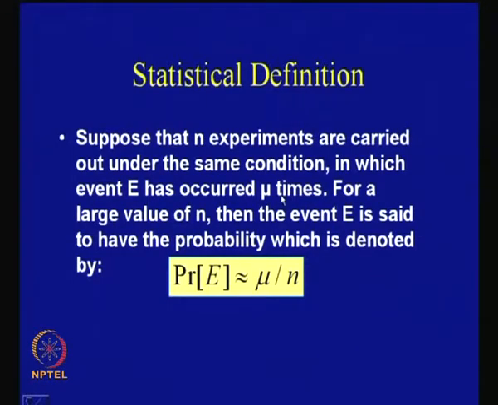Now why we require this statistical definition is something we can easily understand. For example, if I tell you that there is an unbiased coin, and that the probability of a head is half, that does not mean that if I toss the coin 2 times, then one of them will be a head. It does not mean that.